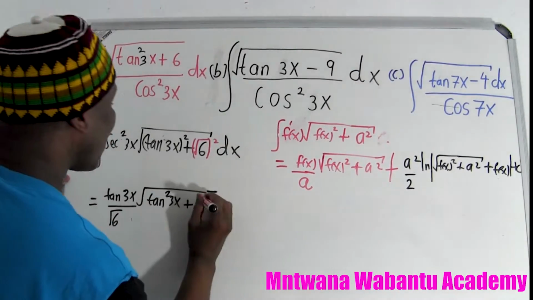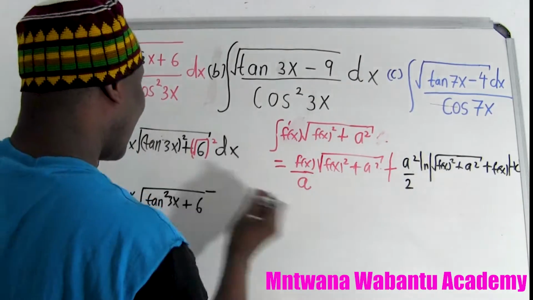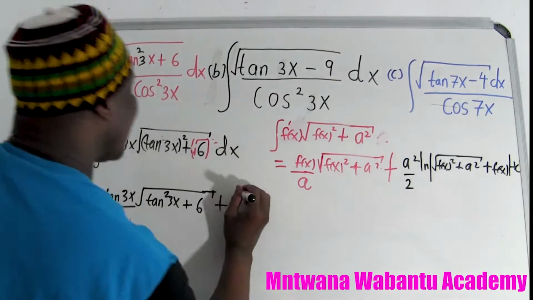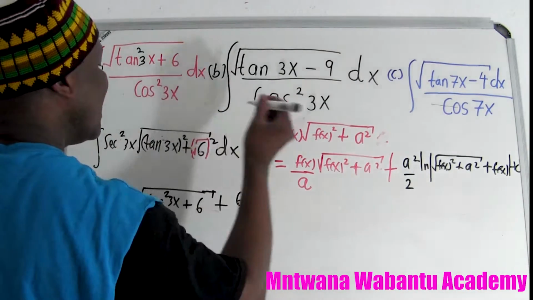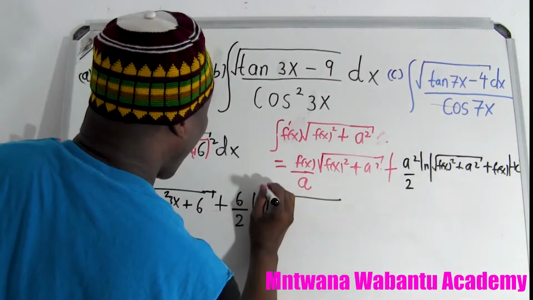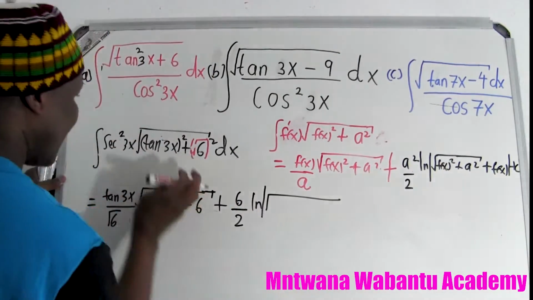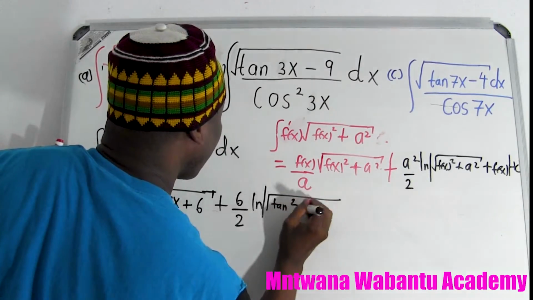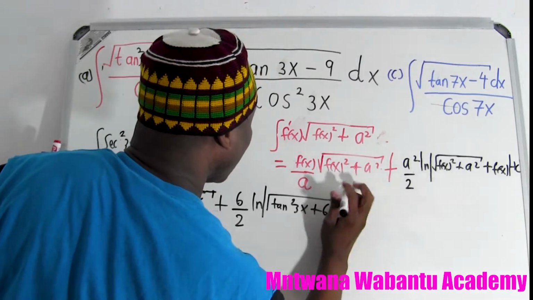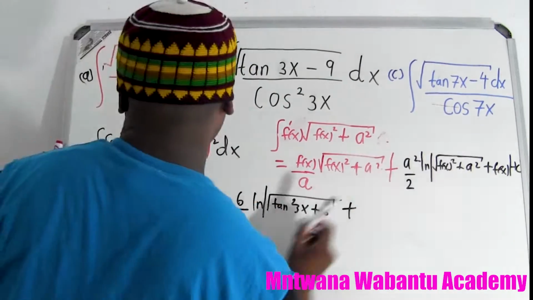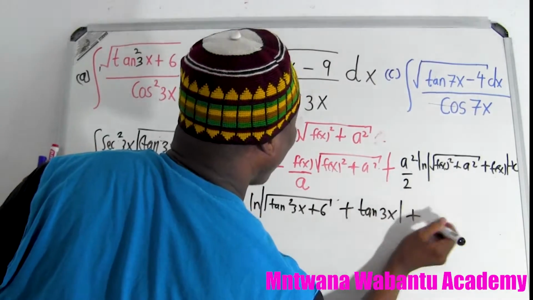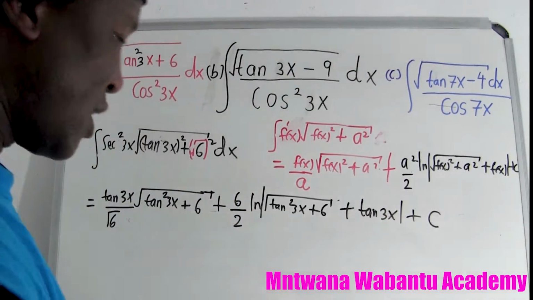When you square this, it's going to be equal to 6, because a square means it's going to be exactly equal to 6, and plus a square means that this square is going to be 6 only, because the square root of 6 when you square it is going to be equal to 6, and then we over 2, and then ln, and then absolute, which is that tan. Okay, and then we plus the square root of that, which equals 6, and then we plus f of x. F of x means tan 3x with no square. It's just f of x. We plus a constant because we don't have a limit, so plus constant.